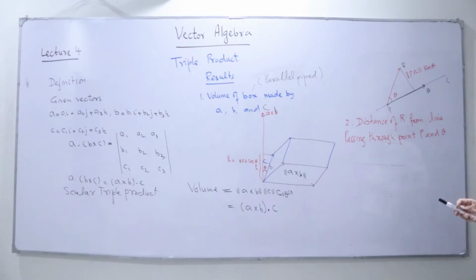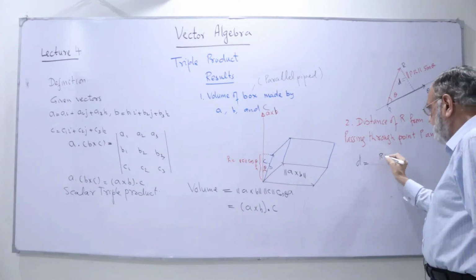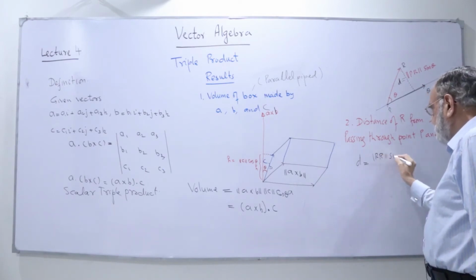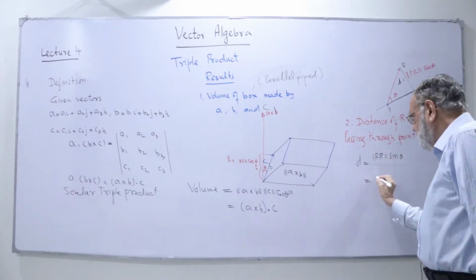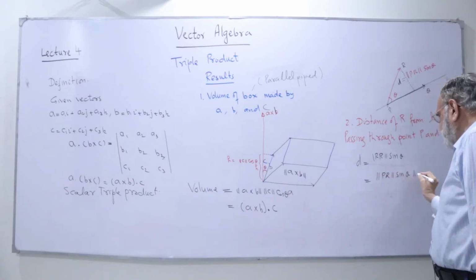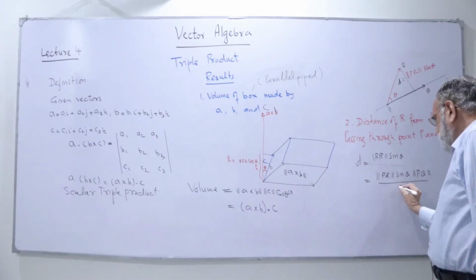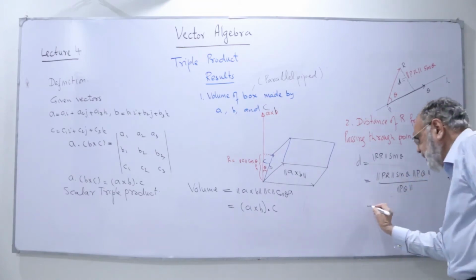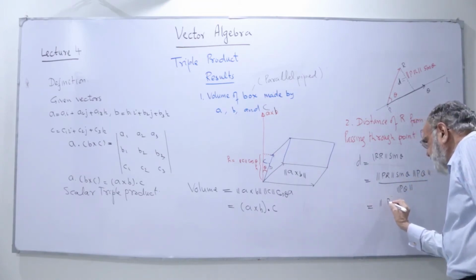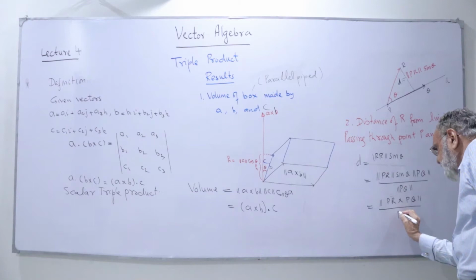So opposite to theta will be PR times sine theta. So what's my D? My D is equal to PR sine theta. What do I do? I multiply this by PQ and divide by PQ. When I take PR into PQ sine theta, that's the magnitude of PR cross PQ. And then here it is divided by PQ.